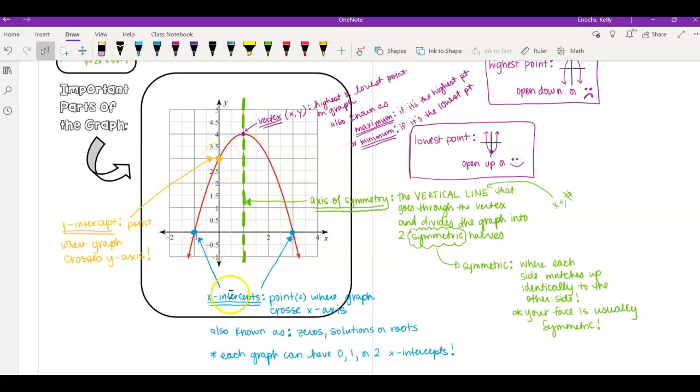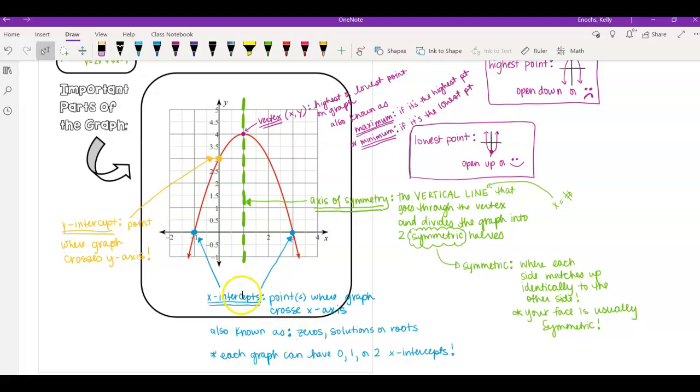And then finally, the x-intercepts, where the graph crosses your x-axis, are going to be important as well. And they're going to be really important when we go to solve, too. X-intercepts also have a couple of other names, so you might see them referred to as zeros, solutions, or roots.